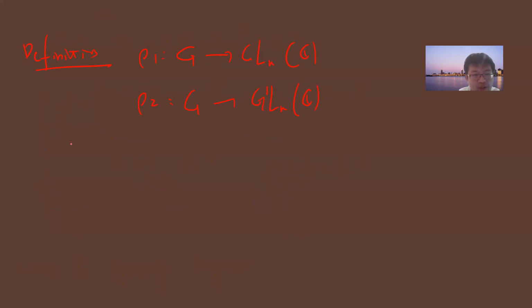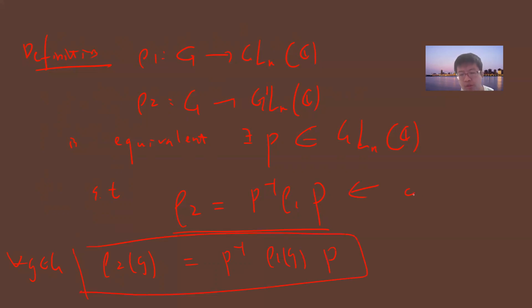They are equivalent if there's a matrix P in the general linear group such that rho 2 is the same as P inverse rho 1 P. You can view this P as just changing your basis. So this means rho 2 of g, for any g belonging to G, is the same as P inverse rho 1 of g P. In linear algebra, the change of basis formula looks like this.